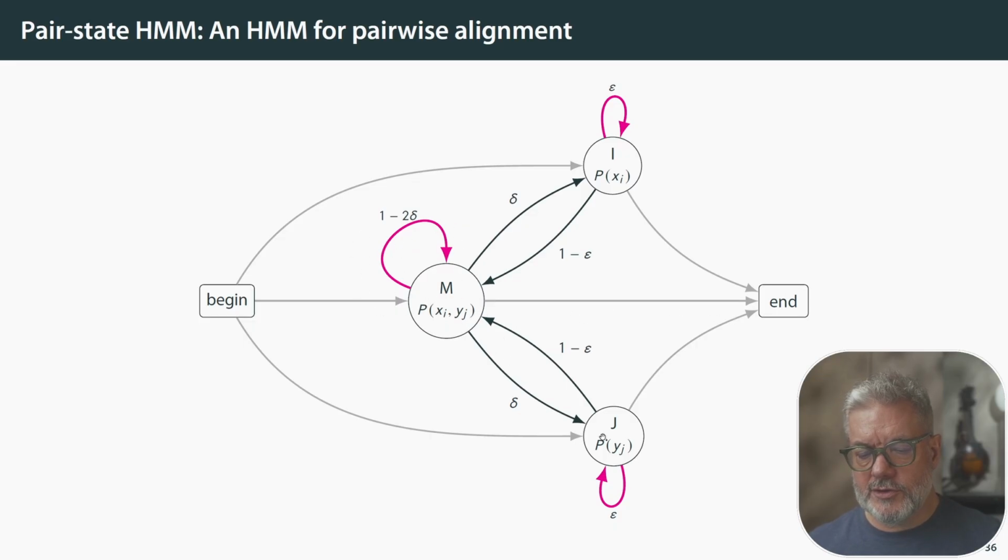Or if there's an insertion on one strand here, it would go to here and then pop back when it gets back to a match, similarly on the other strand. And each one of these has a little probability that's associated with it, and ultimately the optimal alignment is going to be the path that gives us the highest probability. That's the idea.